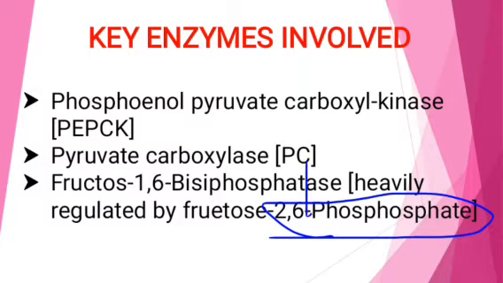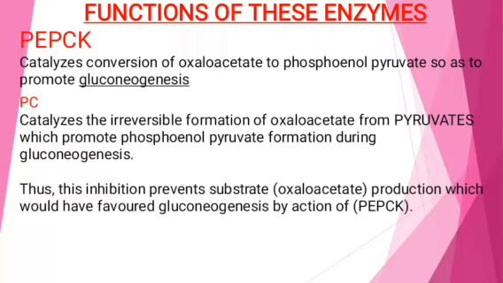There is a little typographical error. Functions of this enzyme: phosphoenolpyruvate carboxykinase catalyzes conversion of oxaloacetate to phosphoenolpyruvate so as to promote gluconeogenesis.